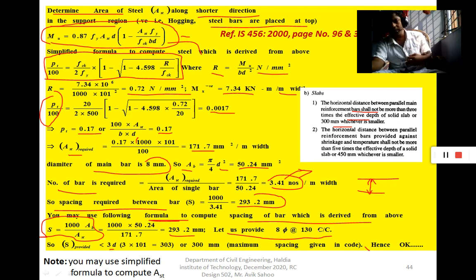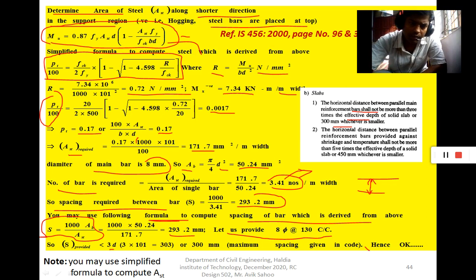So you see that lesser spacings are used. Although it comes to 293.2 mm, we provide 130 to increase the connectivity with the beam, and also to make it stronger, and this is standard practice.